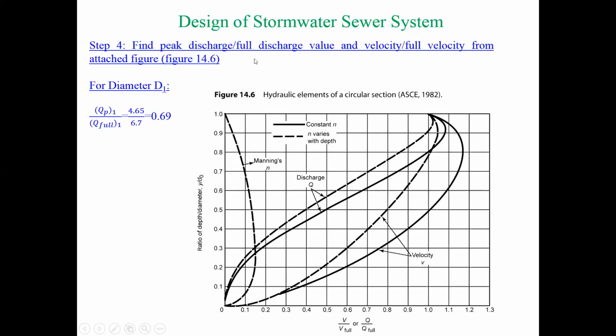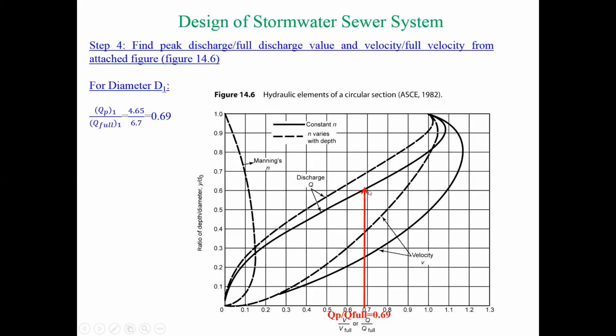Since we are checking the velocity, from this ratio we have to find V over V full. How can we do that? Let's watch. Since QP over Q full is 0.69, I will draw a line this way.